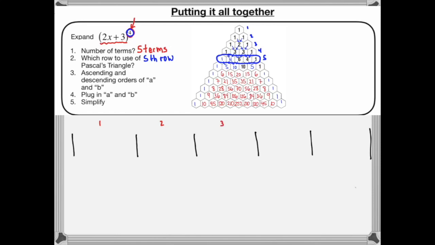So just to make sure you know why we have it, that's the 5 terms, so there's 5 spaces. And the 5th row, we're going to take all the numbers going from left to right, 1, 4, 6, 4, and 1, and put those in there first.